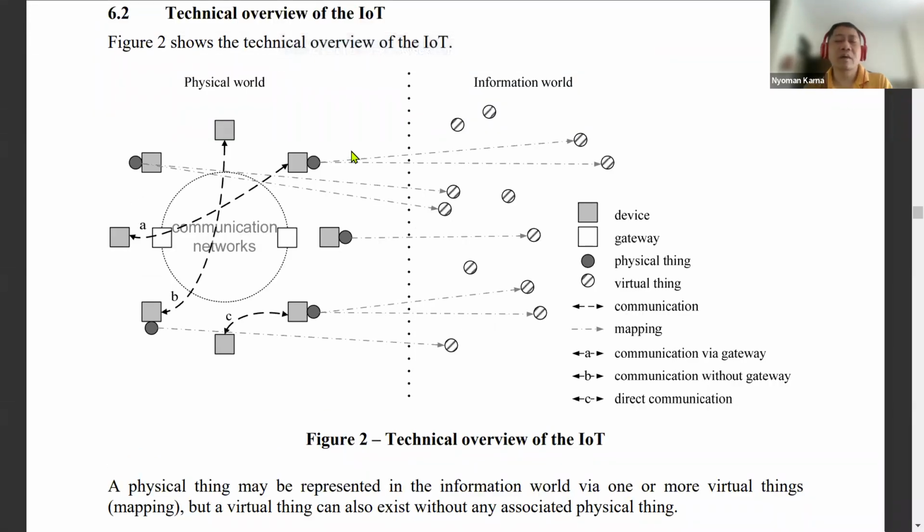Now, based on the ITU-T standard, we differentiate between the information world and the physical world. Information world refers to, for example, today is kind of hot, but some people will argue with that.